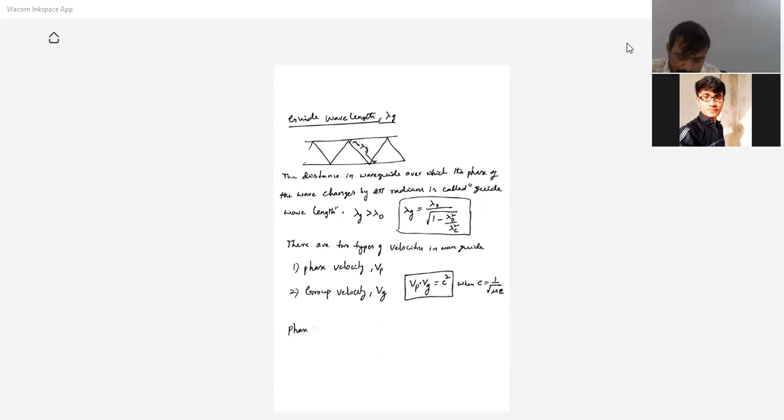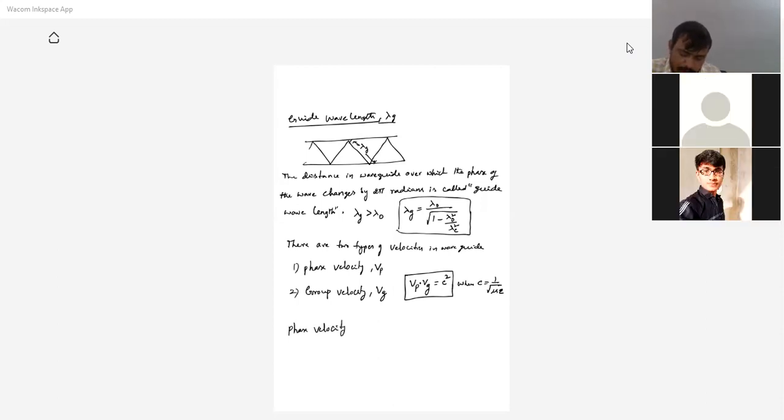Phase velocity, Vp. It is the velocity at which the phase of the wave changes along the length of the waveguide.